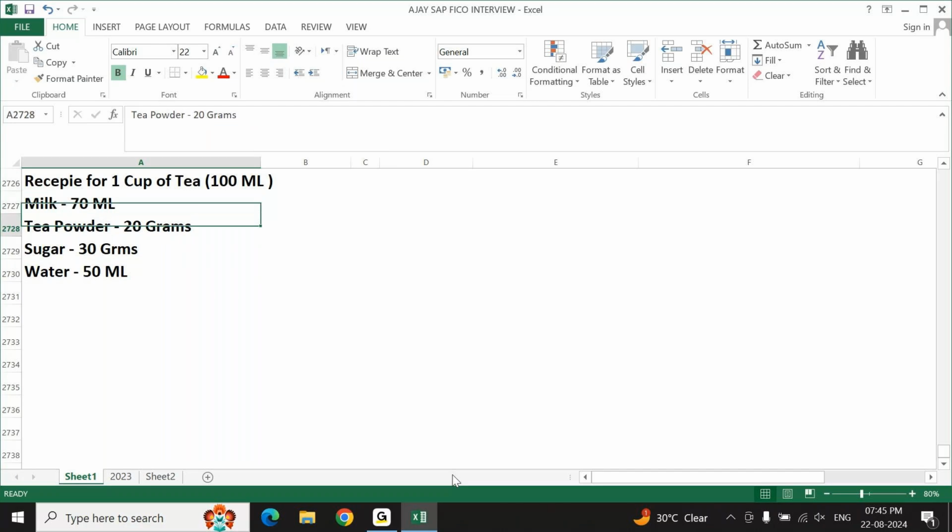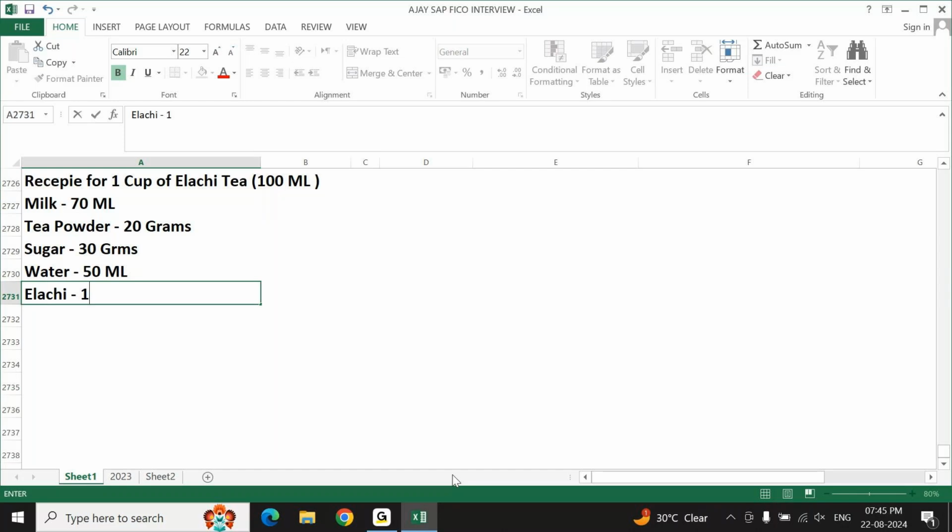Or let's say if it is elaichi tea, I need elaichi, 1 quantity. Is this fine? With this, can we prepare a tea? Yes, sir. When I use these ingredients, I can make a perfect tea. Just assume that with this composition, when I prepare a tea, it is very good.